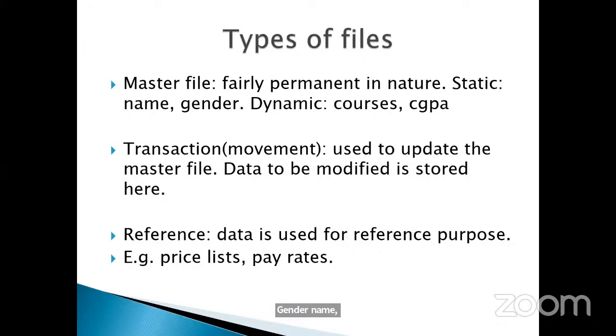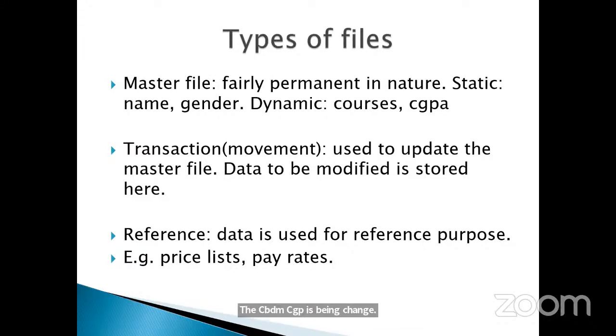Then we also have transaction or movement files. This file type is used to update the master file. An example is that at the end of each semester, the CGPA is changed or recalculated.